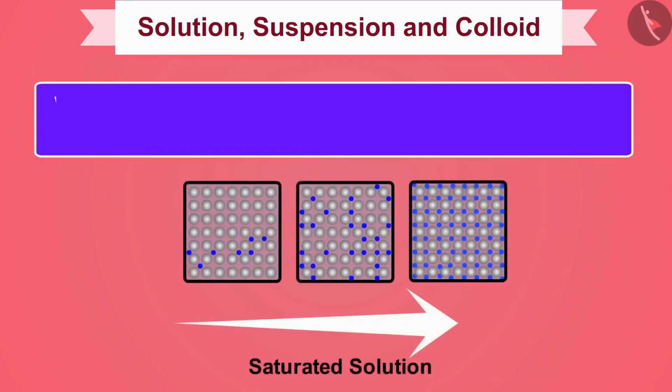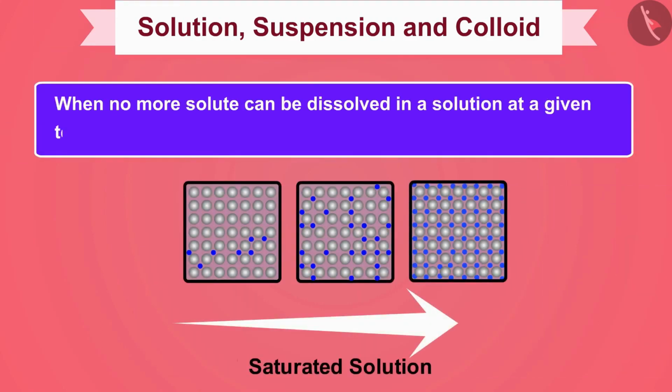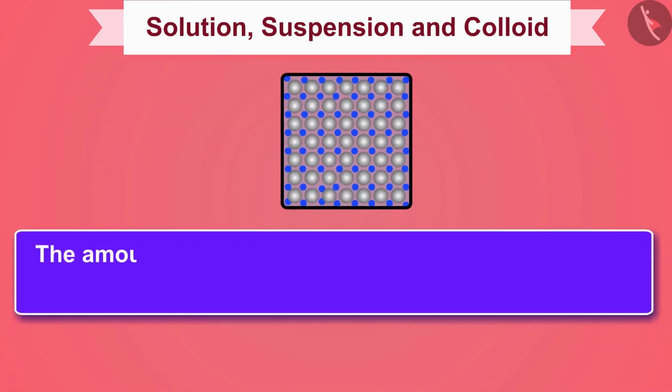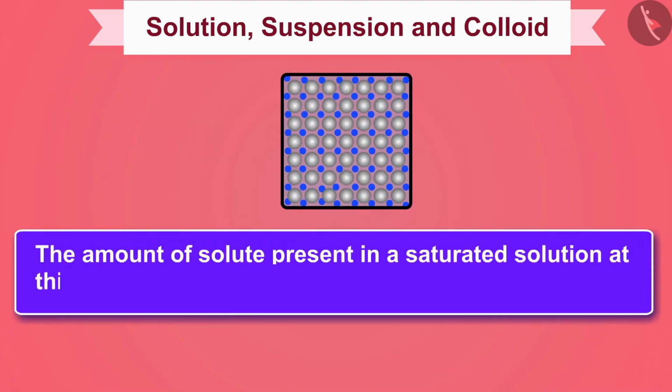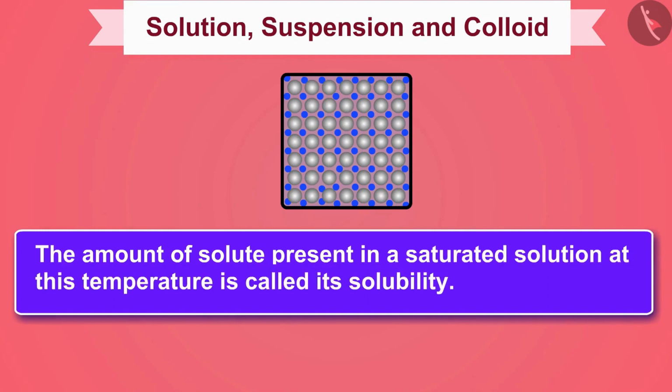In other words, when no more solute can be dissolved in a solution at a given temperature, it is called a saturated solution. The amount of solute present in a saturated solution at this temperature is called its solubility.